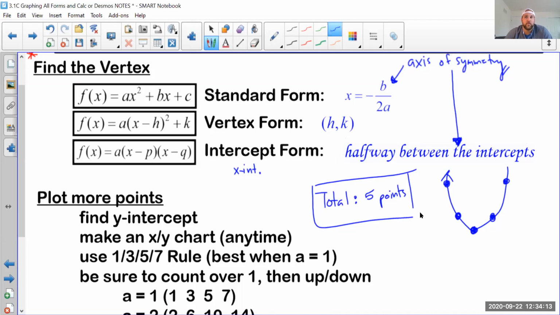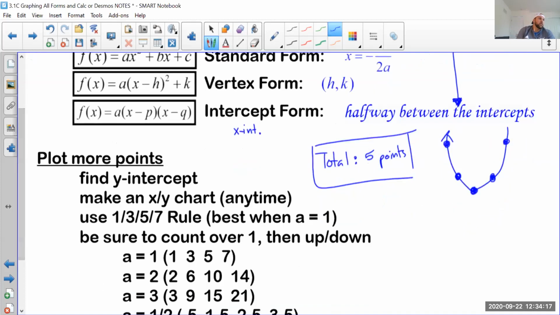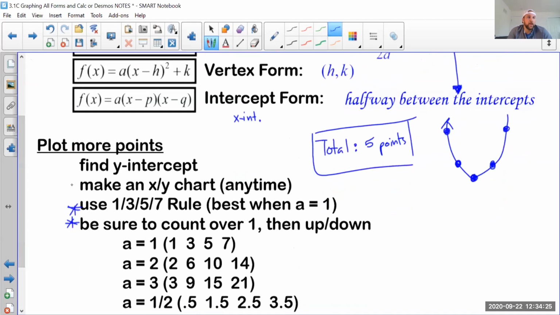Again, personally, I think once you find the vertex, using the 1, 3, 5, 7 rule here is the easiest. If you don't like that and you want to make an XY chart and just plug X values in, you're welcome to do that too. If you remember that C on standard form is always the Y-intercept and you want to do that, you're welcome to do that as well.